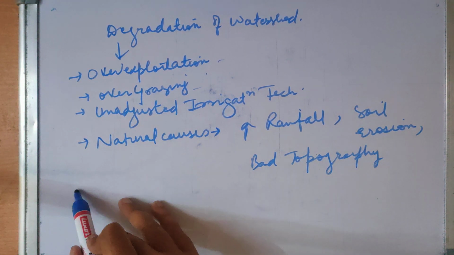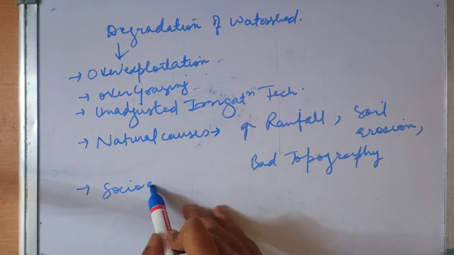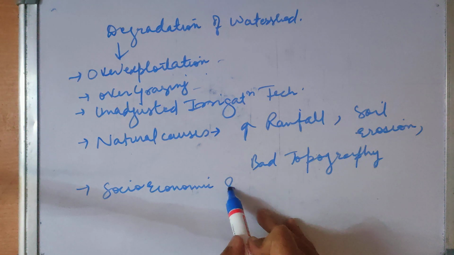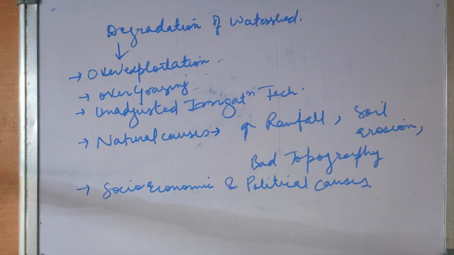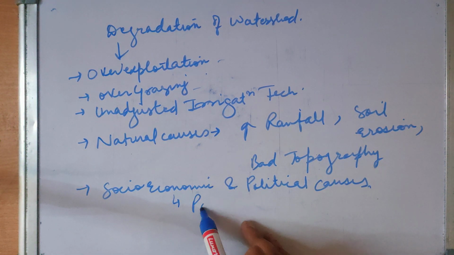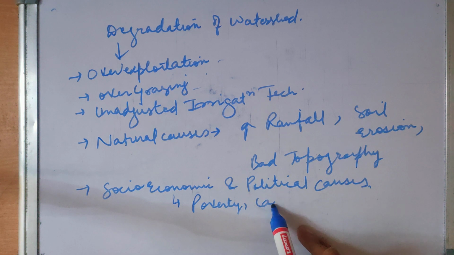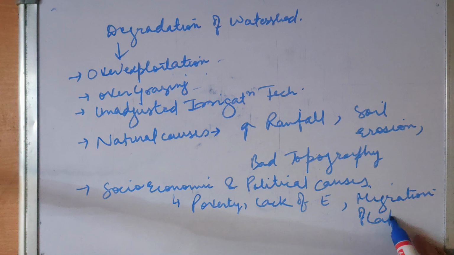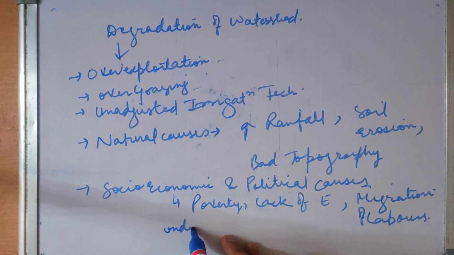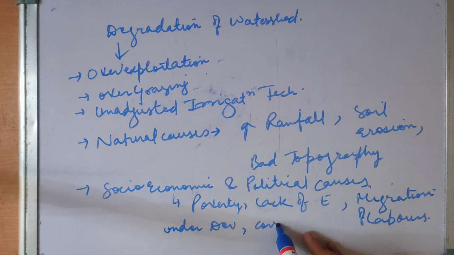Socio-economic and political causes such as poverty, lack of education, seasonal shortage or migration of labor due to seasonal shortage of basic necessities, underdevelopment, corruption.